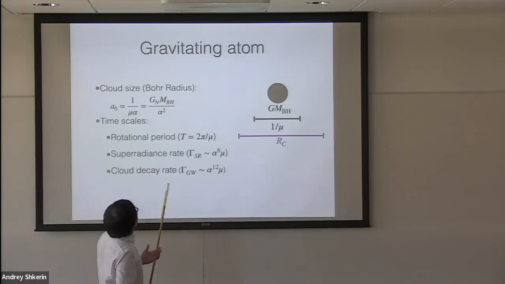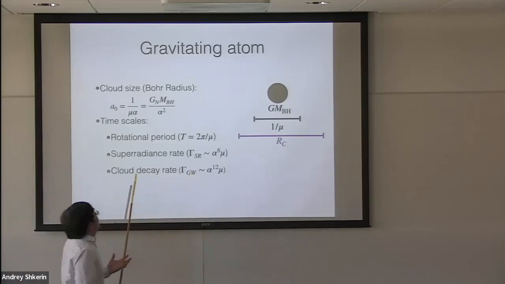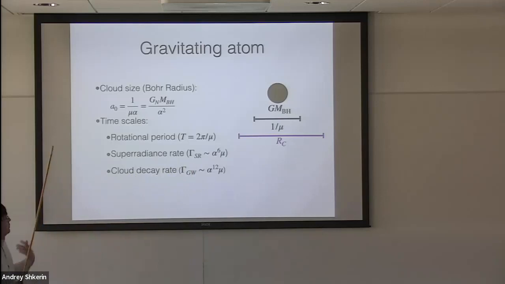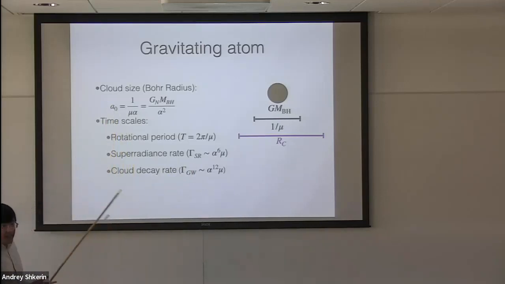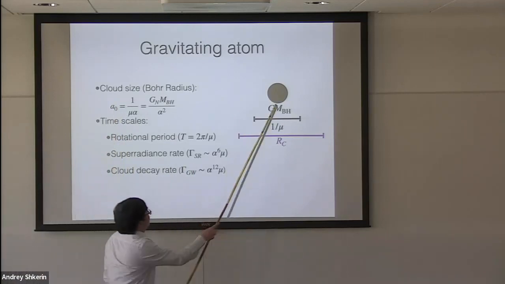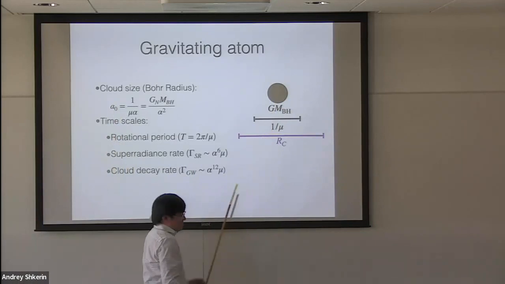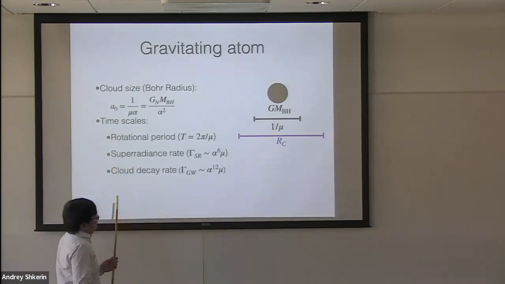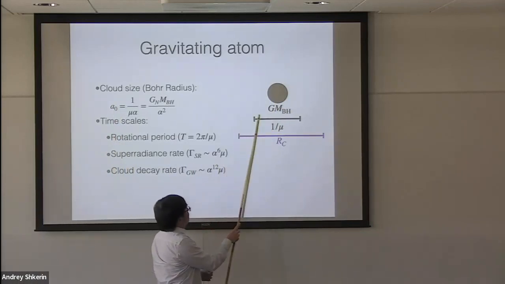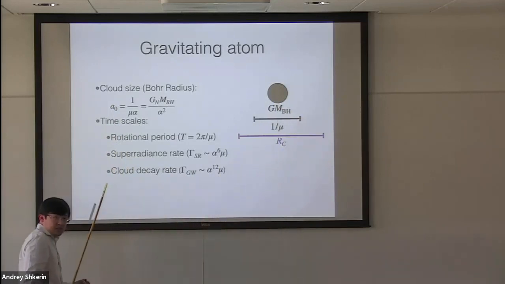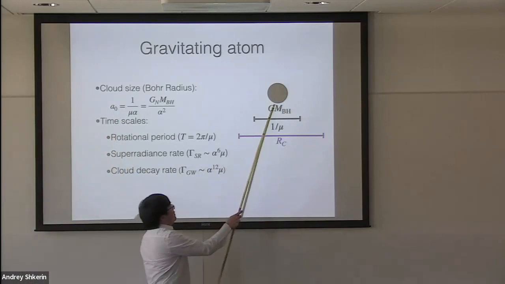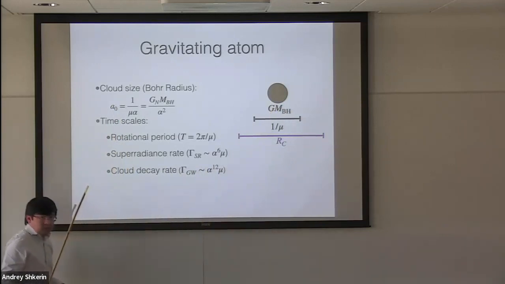Here there are a few numbers that I want you to remember. There are three length scales in the problem that we'll be studying. There is the size of the black hole, which is Gm. There is the Compton wavelength of the particle, which is 1 over mu. And remember, alpha is something a little bit smaller than 1, so 1 over mu is always a little bit bigger than the size of the black hole.